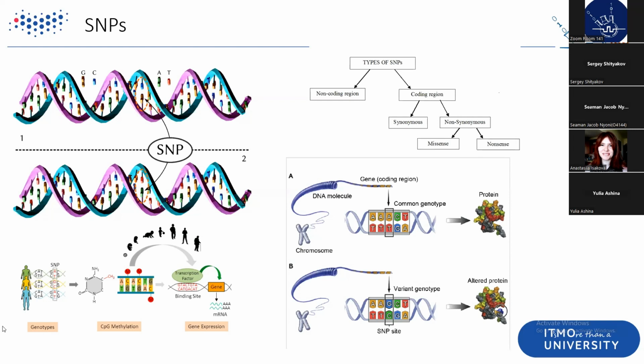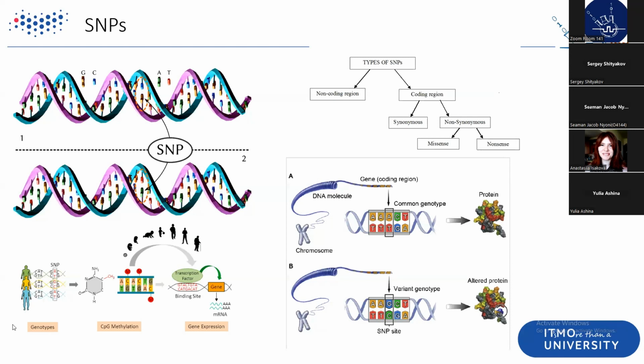So regarding the frequency of SNPs, more than 600 million SNPs across the human genome were already detected in the world's population.